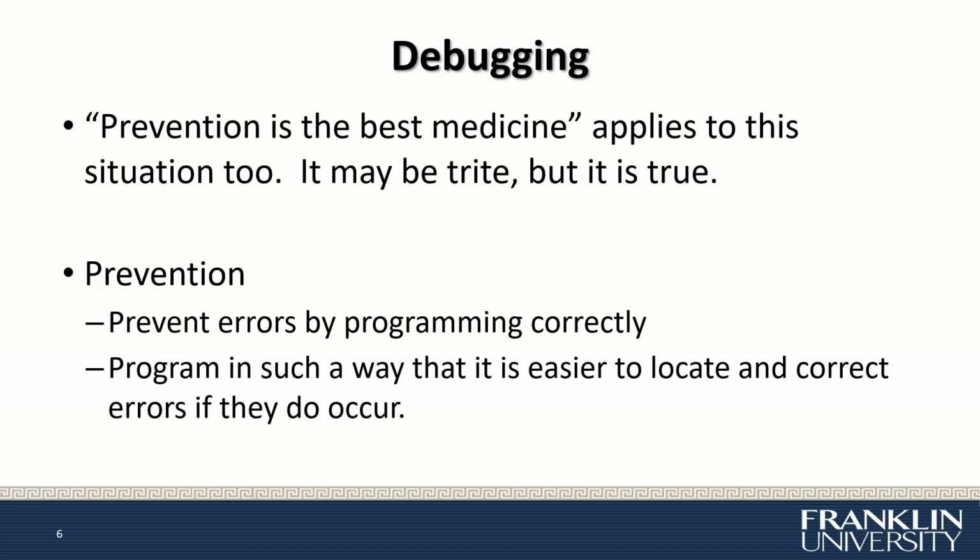Program in such a way that it is easier to locate and correct errors if they do occur. In most development environments, like in a company, in a big project, they have what they call a coding standard. By following a coding standard, it is less likely you're going to have a bug, and if you do, it'll be easier to see where the problem is.